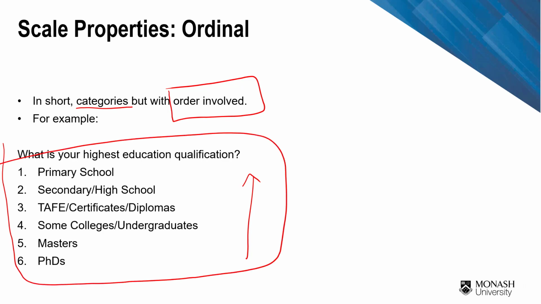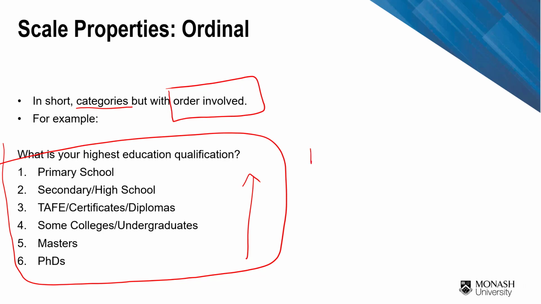Okay? And in an ordinal scale, you should present your choices in order. All right, what do I mean by in order? It can be in ascending order like this, or it could be in descending order.